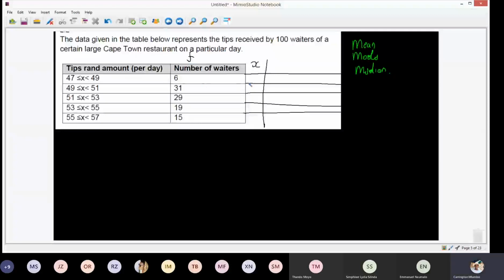What is your X in the first line? First find your X. I said X is what? Sarah, what is X?